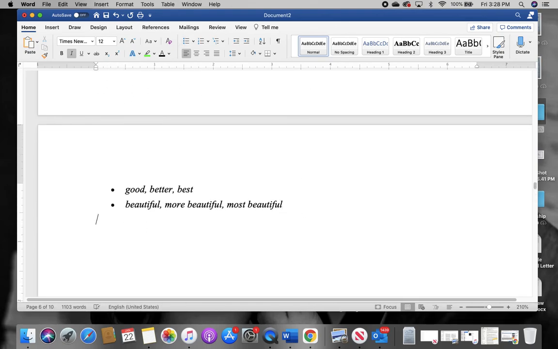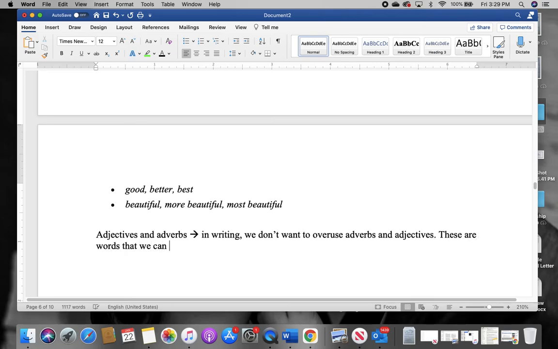And before I get down to adverbs, the one thing I want to say about adjectives and adverbs in writing, and this is just kind of a note, is that in writing, we don't want to overuse adverbs and adjectives. These are words that we can easily, that's an adverb, use as crutches when we don't know what else to say.